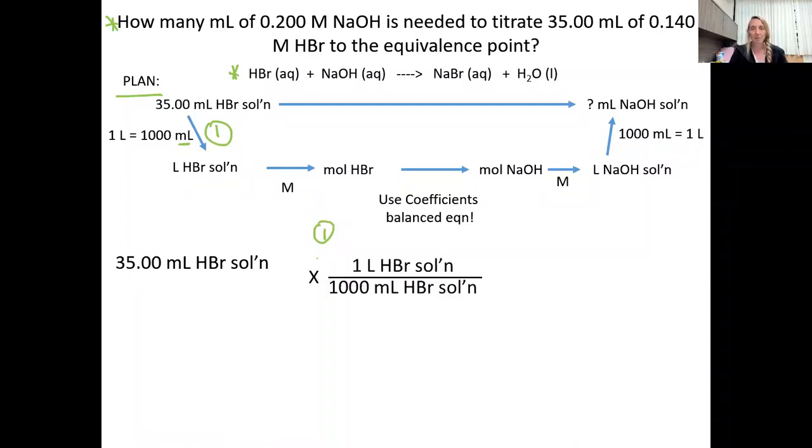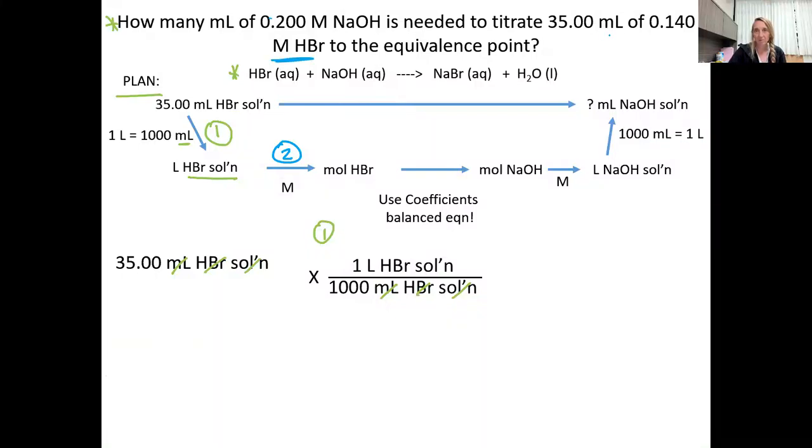So very first step, milliliters of HBr solution from the top cancels with milliliters of HBr solution on the bottom. I'm left with liters of HBr solution right here. For my next step, I use molarity, the molarity of the HBr.